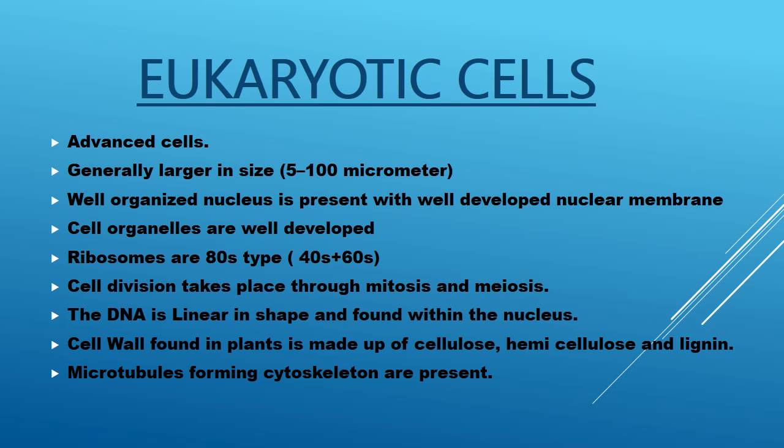You can compare that to a prokaryotic cell where all the functions are simultaneously taking place at a single place, and hence it is known as a primitive cell. And in case of a eukaryotic cell, you can compare it with the recent bungalows where you have a guest room, kitchen, drawing room, bedrooms, where different functions are performed in different areas or regions of the house.